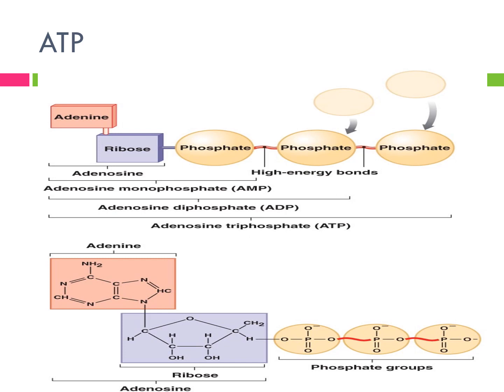When we add a third phosphate, we have another high energy bond, and that is ATP, adenosine triphosphate. So we're storing a lot of potential energy in the bonds between the phosphate groups of the ADP and the ATP. So if we want to break these down, we can remove a phosphate and release the energy that's stored in this high energy bond and utilize the energy in the cell.